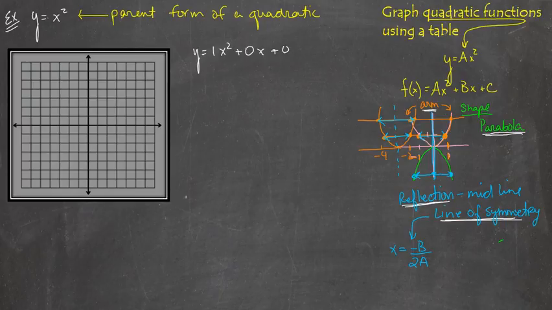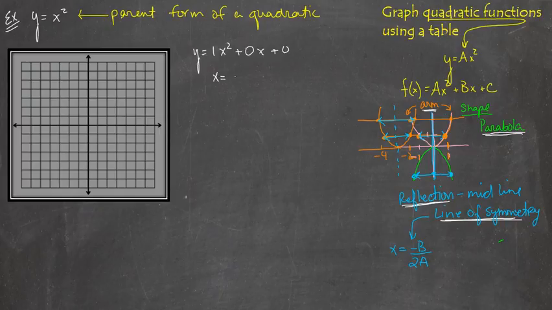So this is the standard form of the parent equation. 0x because we don't actually have a linear term, and 0 for the c because we don't have a constant term. And of course we do have a quadratic term with apparently no leading coefficient, which means the leading coefficient is actually 1. So we want to make a table, but first we want to find the center of the curve by using this formula.